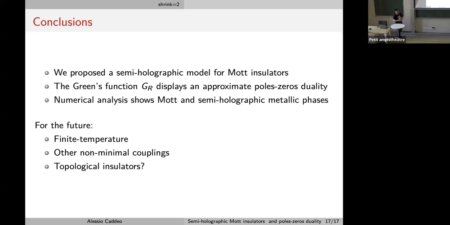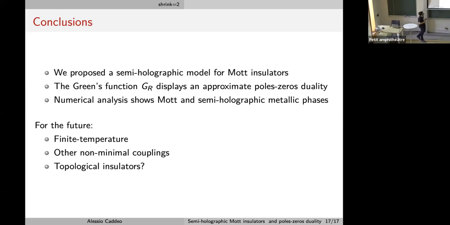We saw that from the exact Pole-Zero duality of the self-energy, the Green function of the fundamental fermion gets an approximate Pole-Zero duality, and this allows us to interpret the model as displaying a Mott phase. And I showed some numerical results corroborating this interpretation.